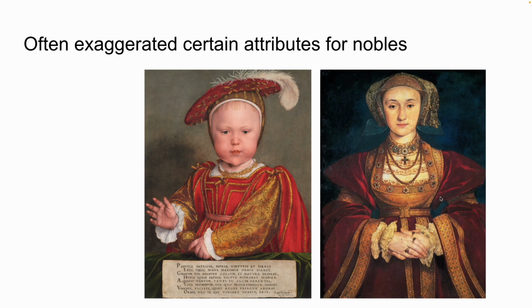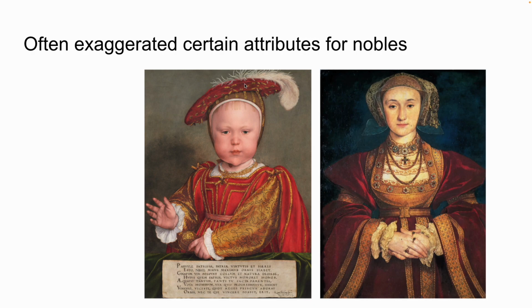Now, as you can see in this portrait, she looks gorgeous, she looks beautiful, but apparently, according to Henry at least, she did not look the same. And actually, they did divorce later, in I believe a year or 2, because she did not look like the portrait that Hans made of her.